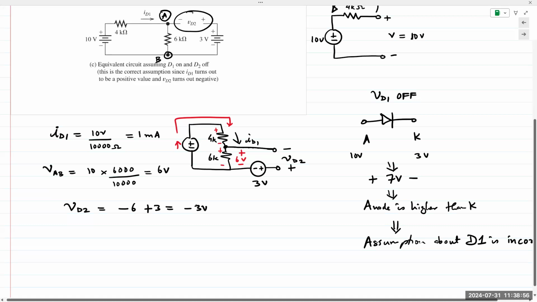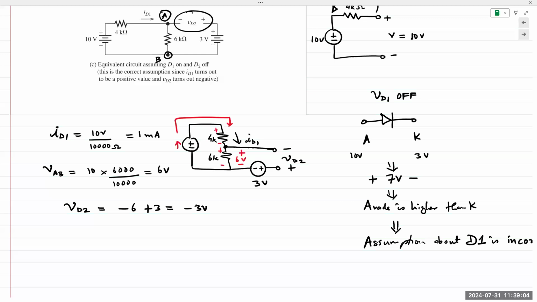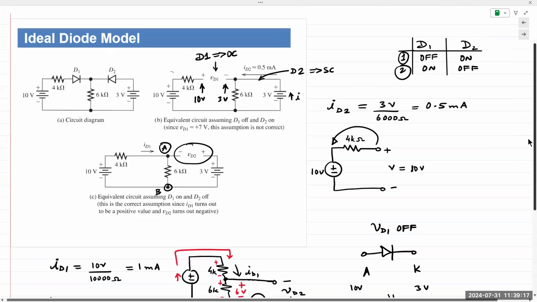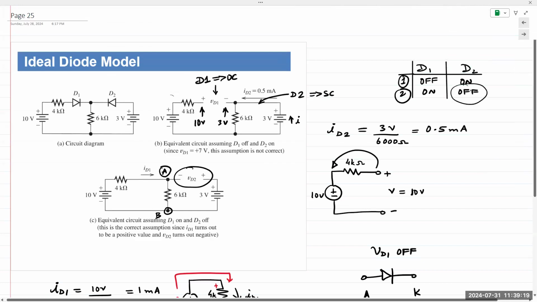And that minus is with reference to the diode voltage assumption with this polarity. At the beginning of my analysis, the assumption is that diode D2 is off.